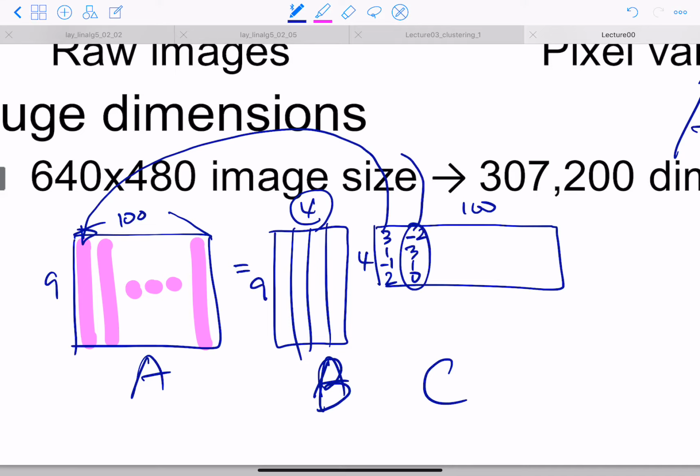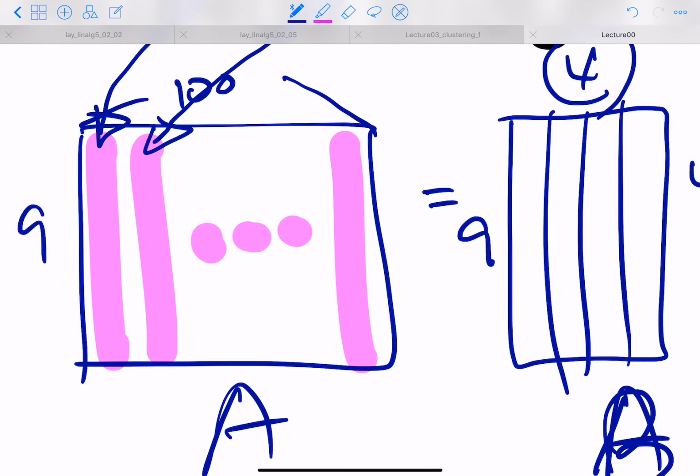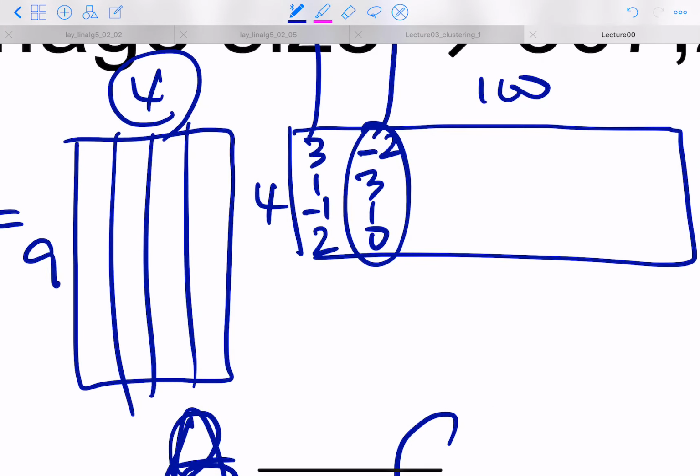And that will work as the second set of linear combination coefficients to produce the second column, right? So in this case, we have 100 different columns, right? But they are actually represented as different linear combinations of only 4 common columns, right?